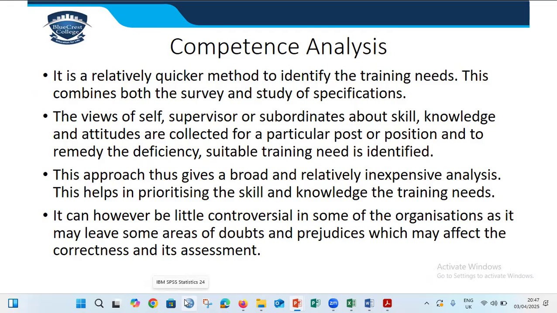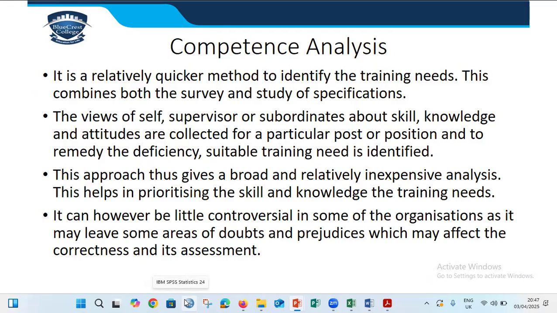So what this entails is that views of employees, supervisors, or major stakeholders will be taken about a particular role and what is expected for the role. As all of these are brought together, it would indicate which areas require training for the employee.